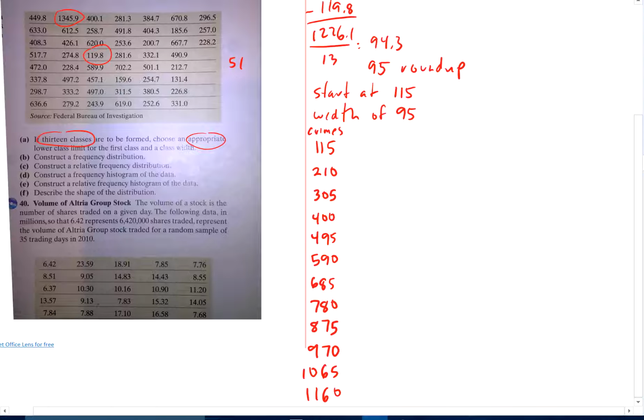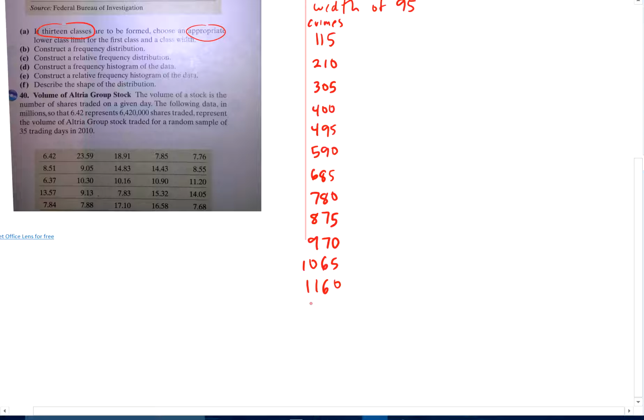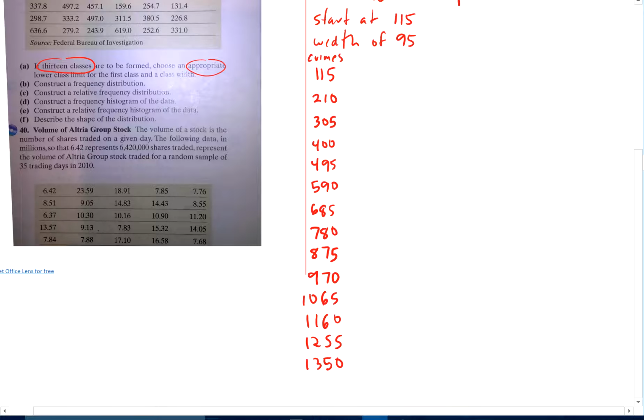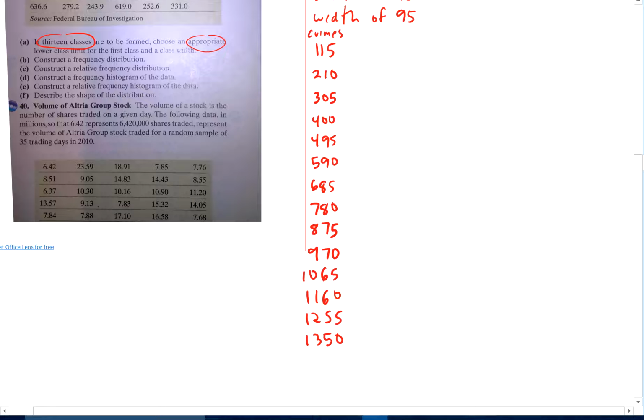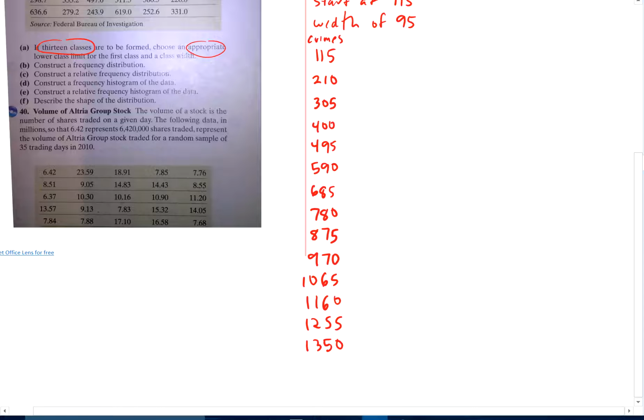I've got to get all the way to 1345, right? 1255, 1350. And that's going to cover that, isn't it? 1345. How many classes do I have? Counting in between here, 1, 2, 3, 4, 5, 8, 9, 10, 11, 12, 13 classes. That did the trick, didn't it?